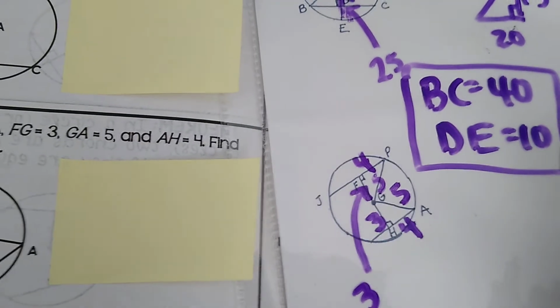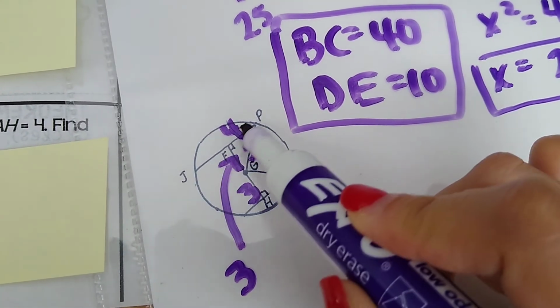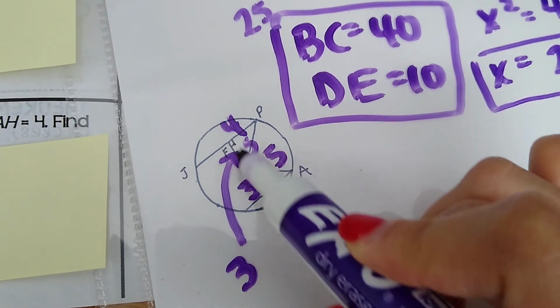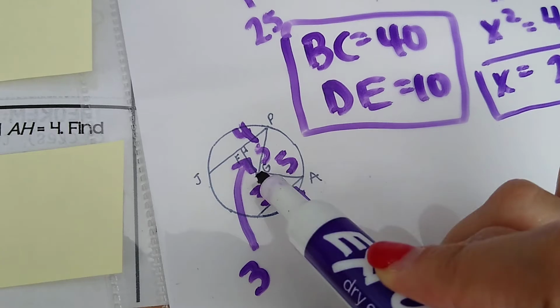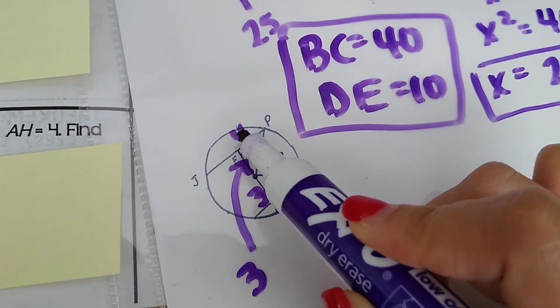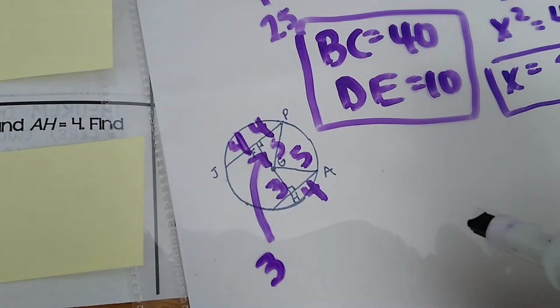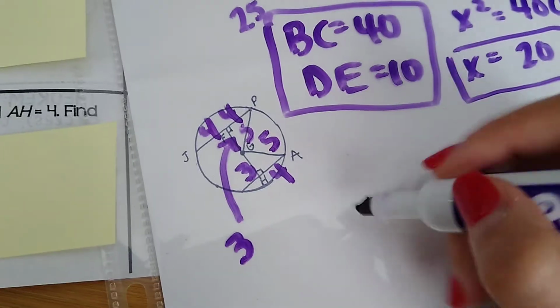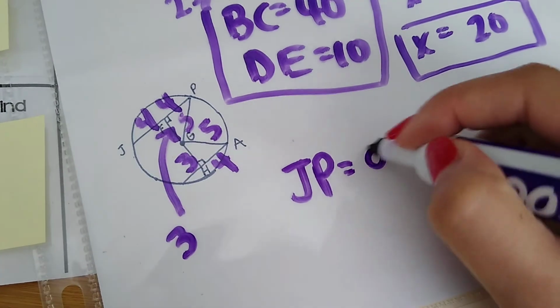Okay, so it says find PJ and LA. Well, let's see. PJ, well, we know that this is bisecting the chord, right? So now this is 4, this is also going to be 4. And then JP is 4 plus 4, which is 8.